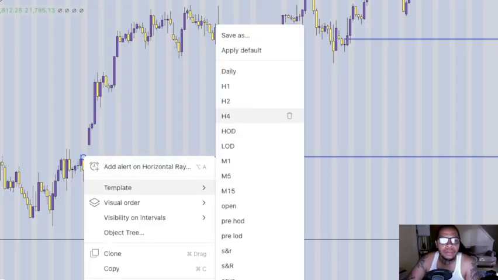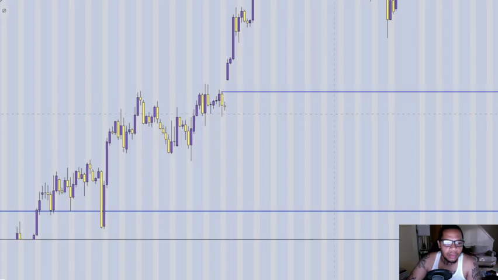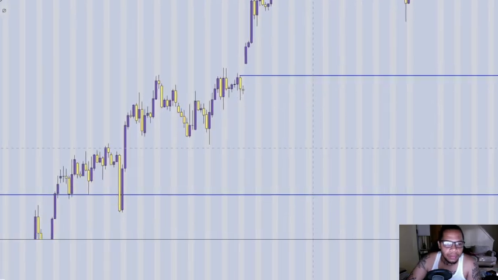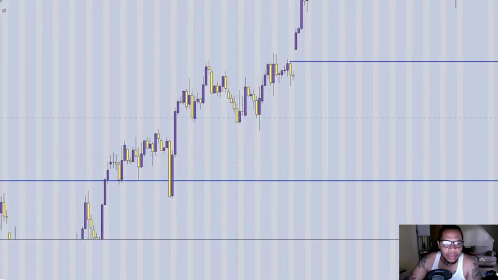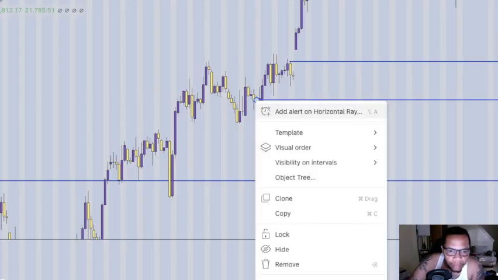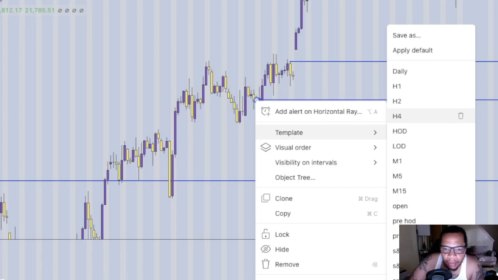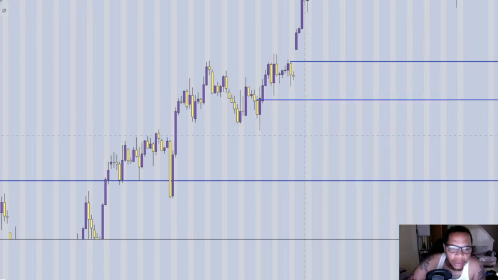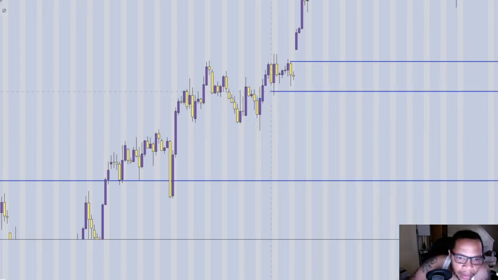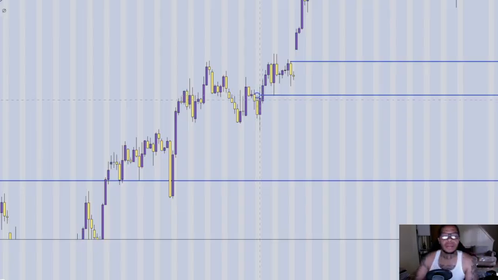H4. Let's see. These are all pretty good zones. I'll mark this out. It's close, but I'll still mark it out. And you always want to mark the wick. H4. I always mark the top of the candle. That's what I do. Okay.